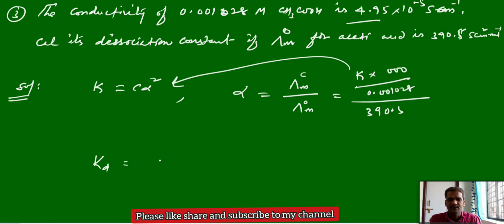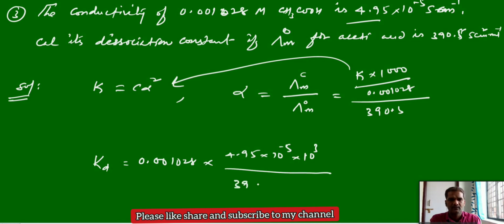K dissociation is equal to C value 0.001028 into, and K is 4.95 into 10 power minus 5, and this is 1000, 10 power 3 by 390.5 into 0.001028, whole square, C alpha square.